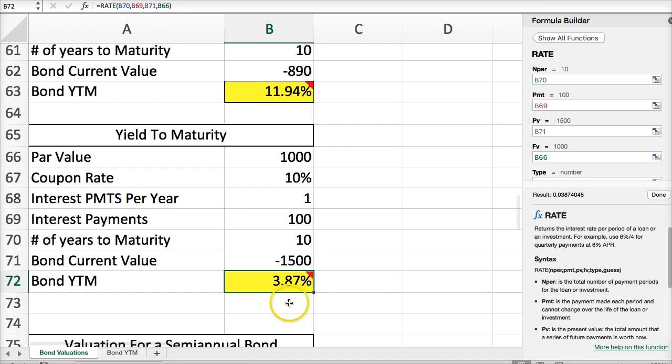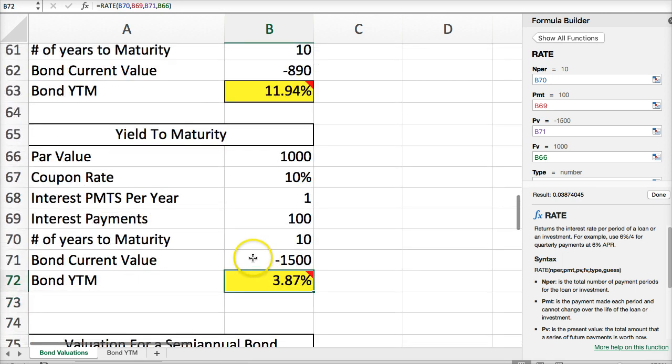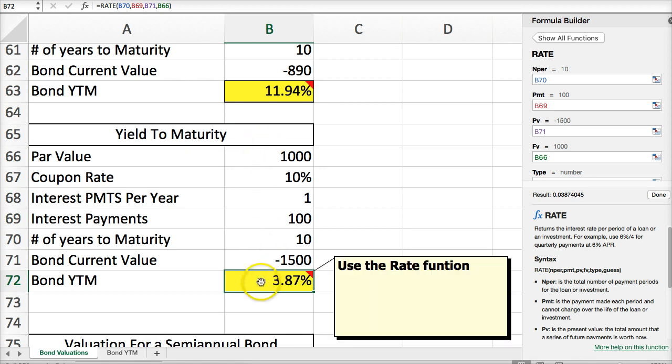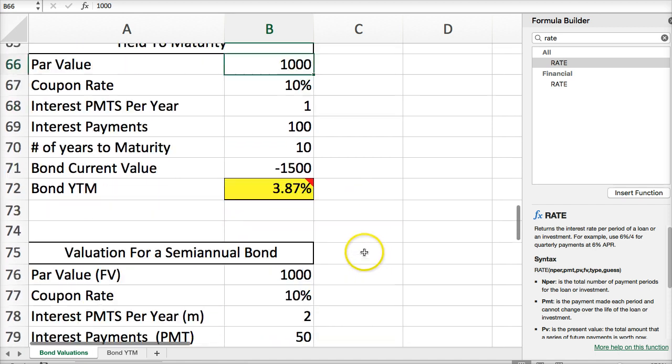Yep. Again, if this is going to sell at a premium, then just like here where this was selling at a premium, we expect our yield to maturity to be lower than our coupon rate. And since this is such an extreme premium, 1,500 compared to 1,000, our yield to maturity is much lower. The reason for that is when it matures, we're only getting 1,000. So we're losing that $1,500 we were buying it at compared to when it matures. Okay.